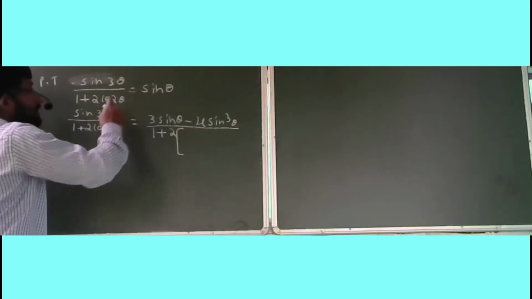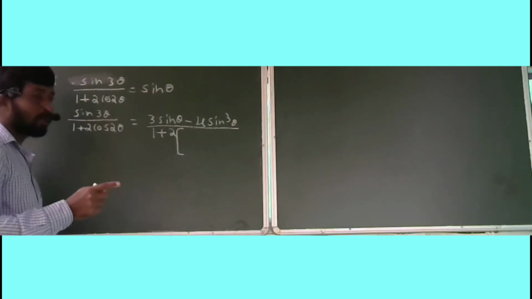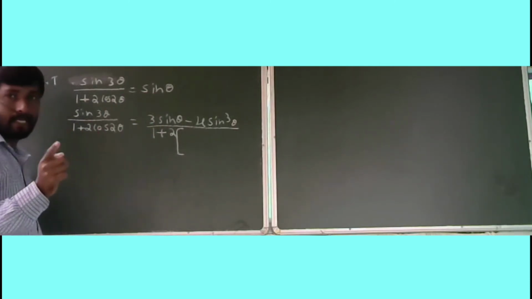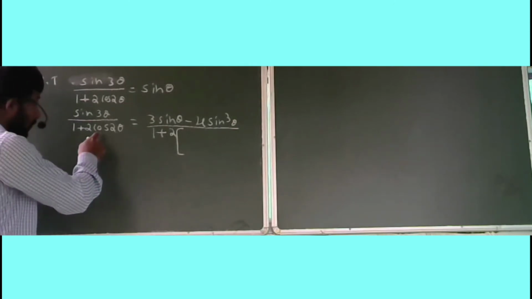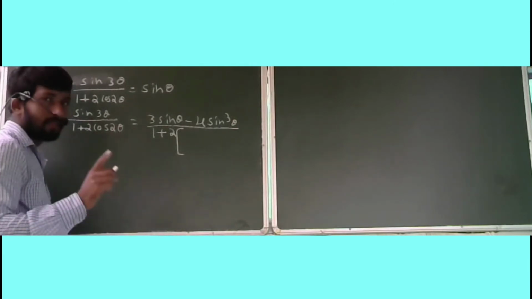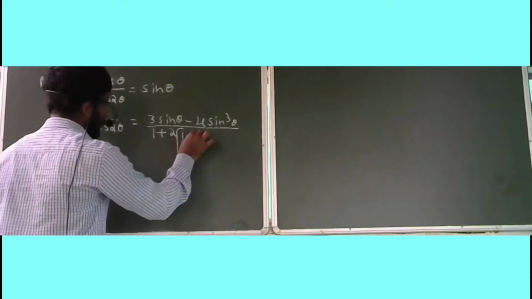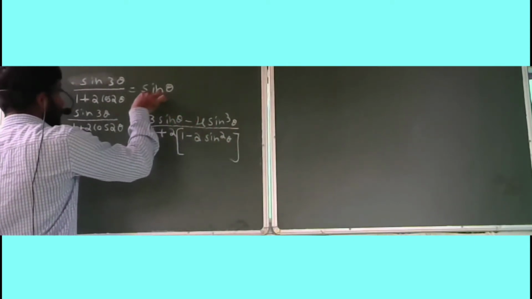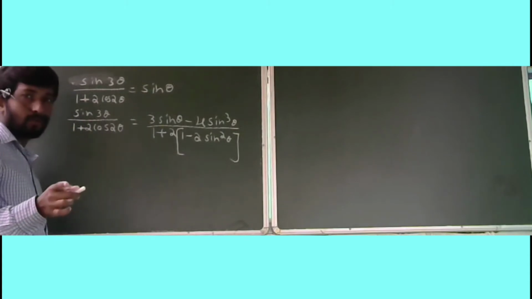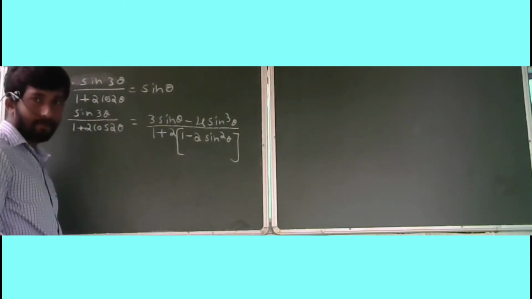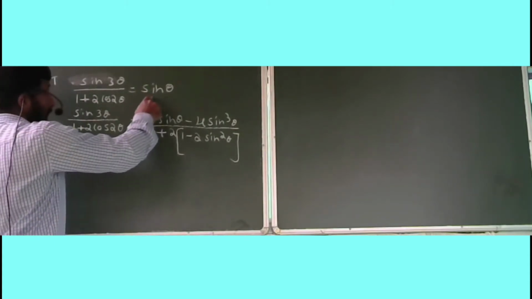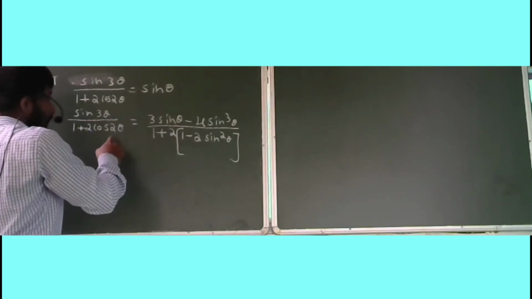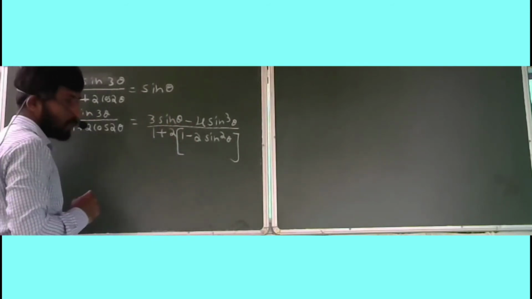Since RHS is sine, you need to take the formula which contains sine only. For cos 2 theta, the formula with the sine is 1 minus 2 sine square theta. Clear? Suppose here cos is given, you need to use the formula 2 cos square theta minus 1. Since here RHS is sine, I am applying the formula 1 minus 2 sine square theta.